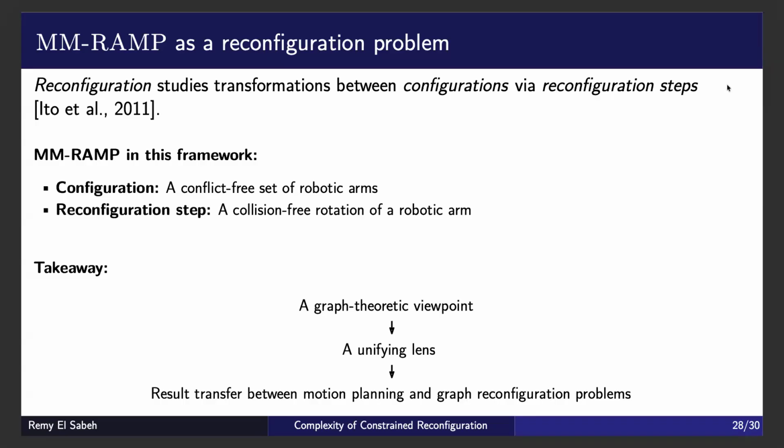Most of the work that's been done in reconfiguration deals with graph reconfiguration problems, and we've been seeing some similarities when it comes to how we can treat the geometry end of things versus the graph reconfiguration end of things. And we're hoping that we eventually will be able to transfer some of what we're figuring out from the geometry end of things to push the frontiers of what we know in graph reconfiguration further.